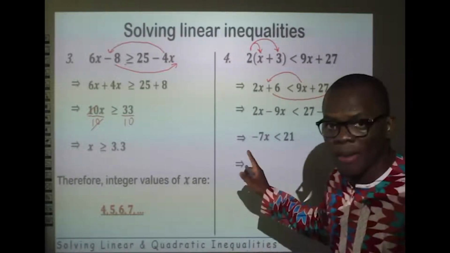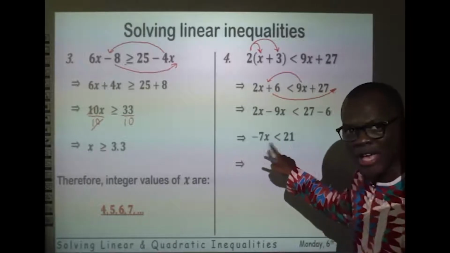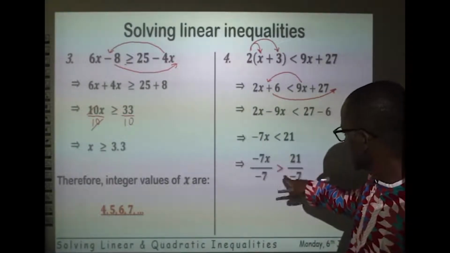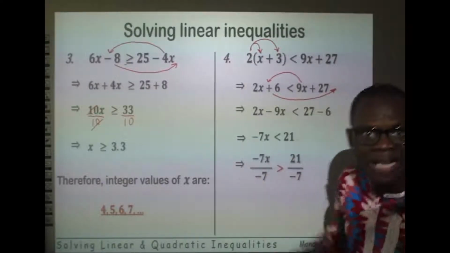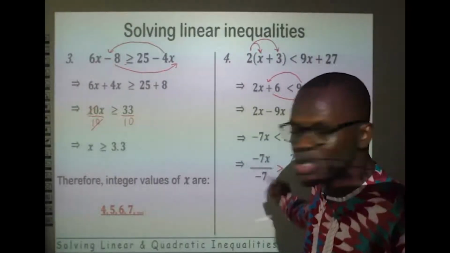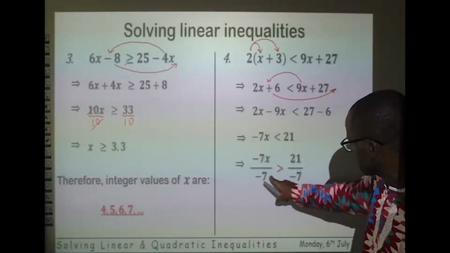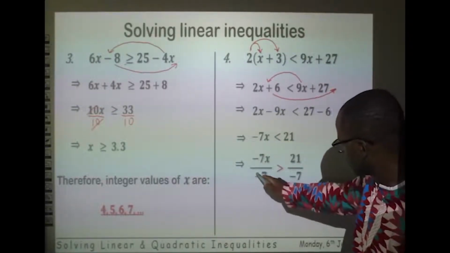When you divide by a negative number, in this case minus 7, the inequality sign changes, exactly. The inequality sign changes from less than to greater than, because we're dividing by a negative number.